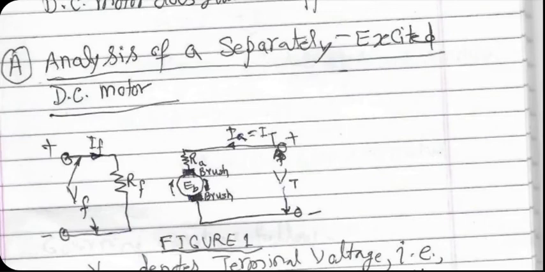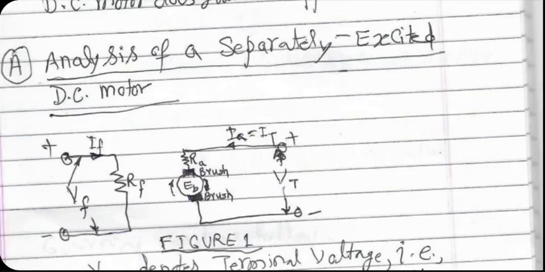VT is the terminal voltage applied to the motor. IT is the terminal current, which is the total current being drawn by the motor. In case of a separately excited motor, VT and VF are the two DC inputs. VF also is required, which may not be as high as VT, but it has to be supplied for sure.